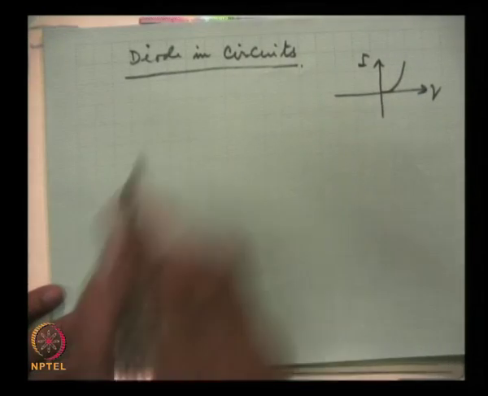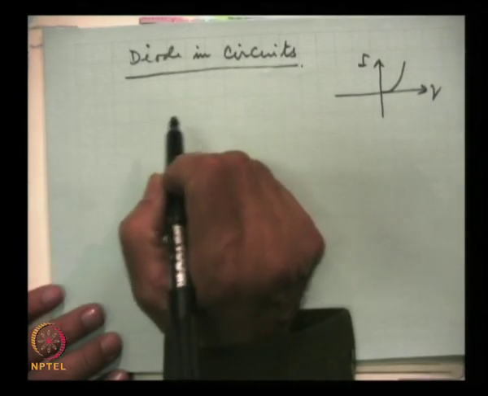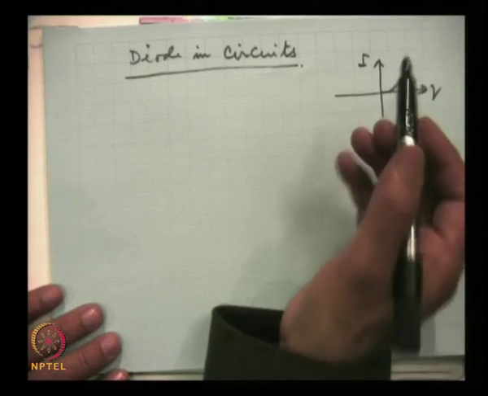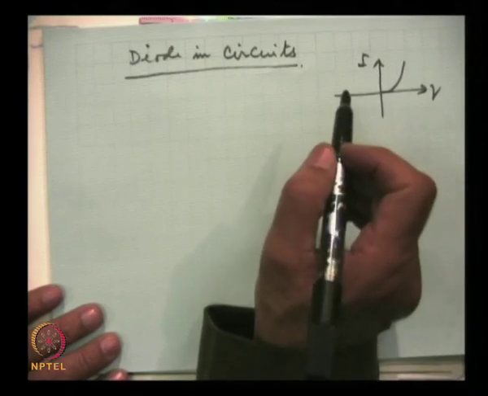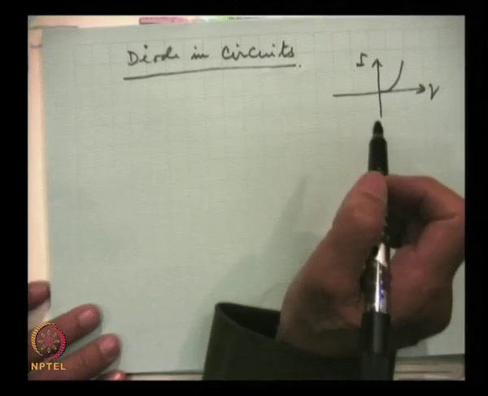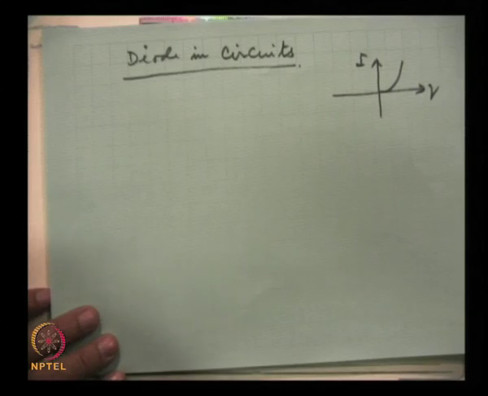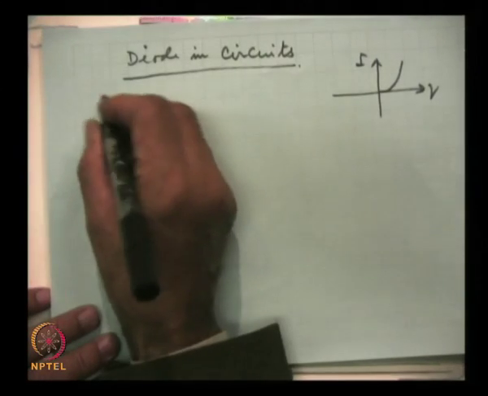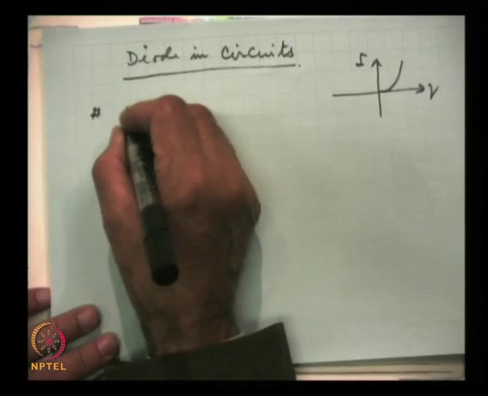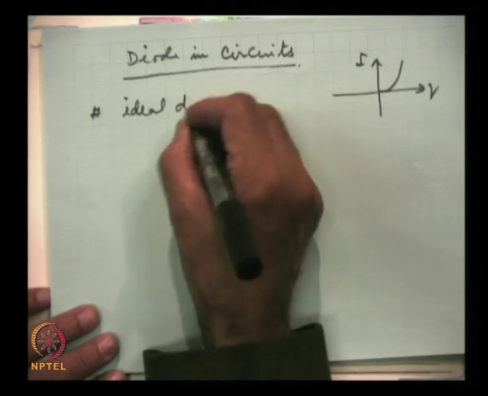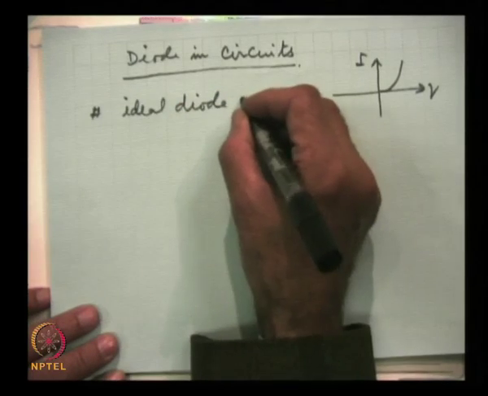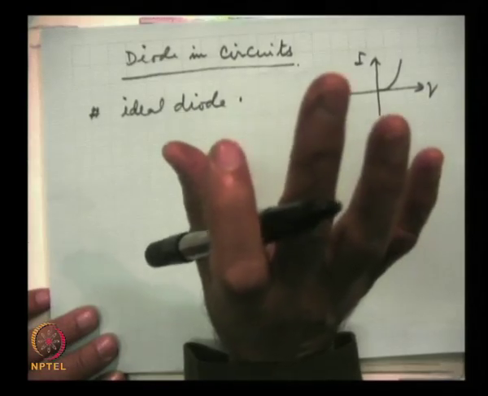But when we talk of circuits, we have to approximate these characteristics. The simplest approximation is to treat the diode as having ideal characteristics. Now, we are talking of the simple p-n junction. The Zener we have finished, that is a special diode used for regulating and as a reference voltage device.